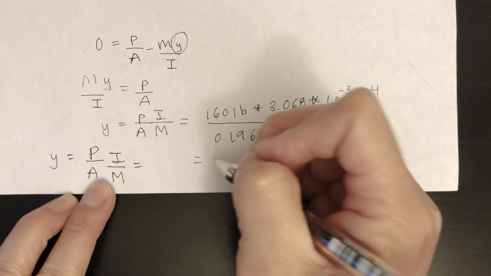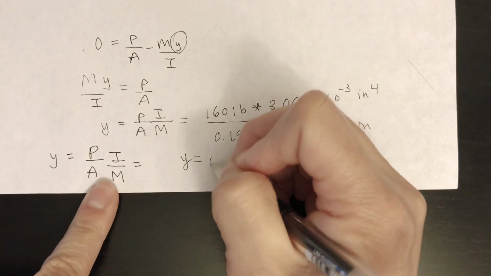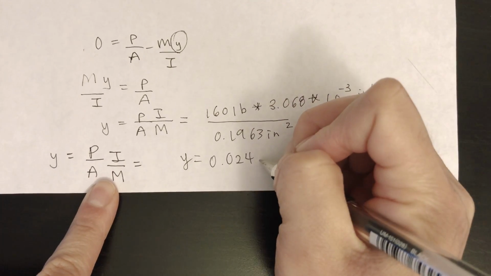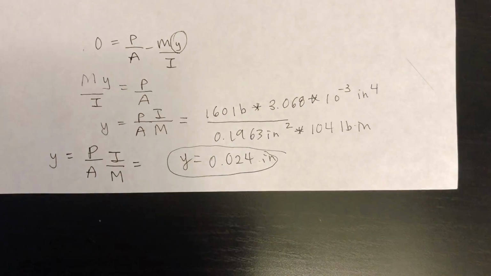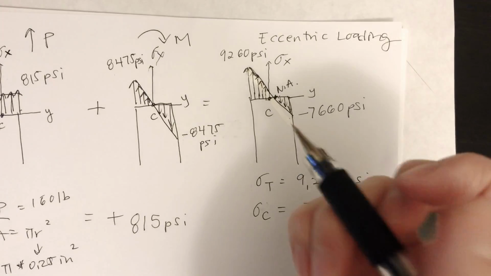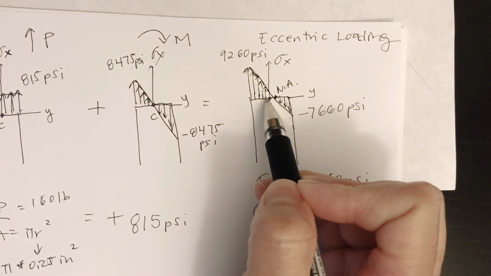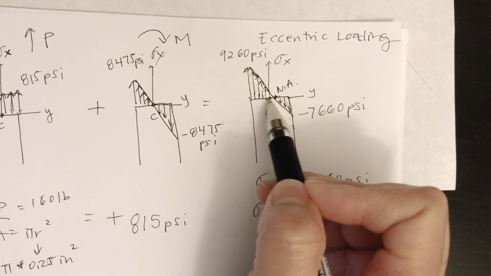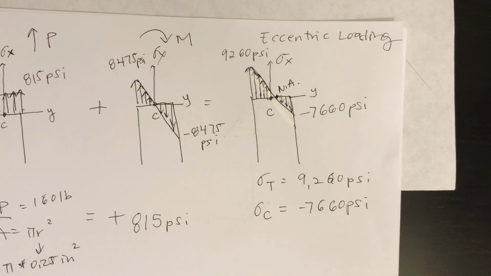Okay, so that's how we're gonna find y. Y is 0.024 inch. Okay, so the distance between the origin to the neutral axis, that y distance, is gonna be 0.024 inch.